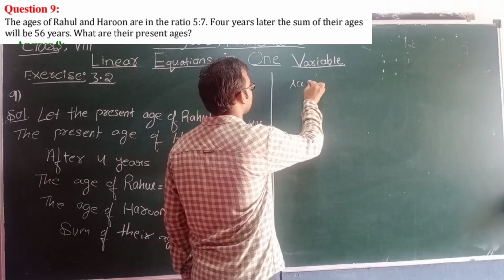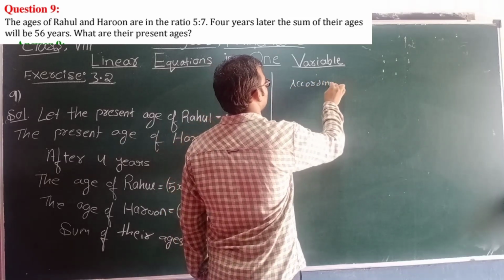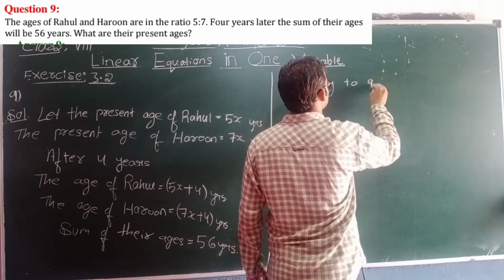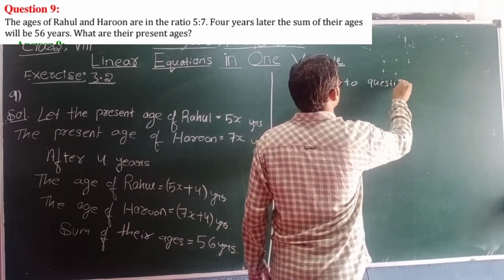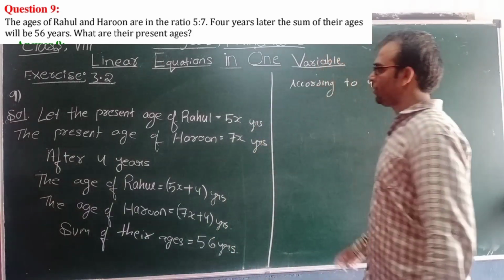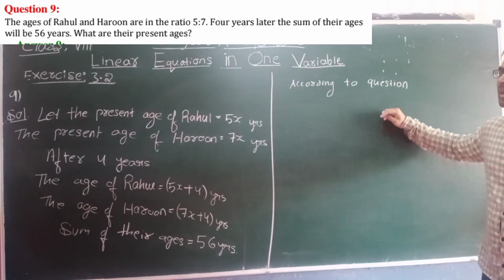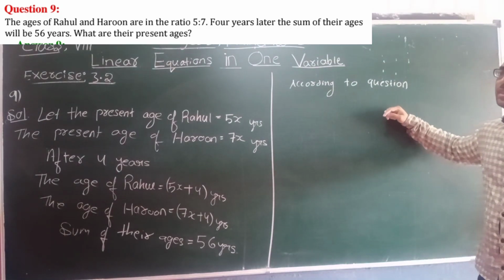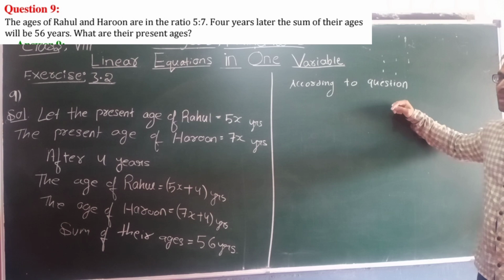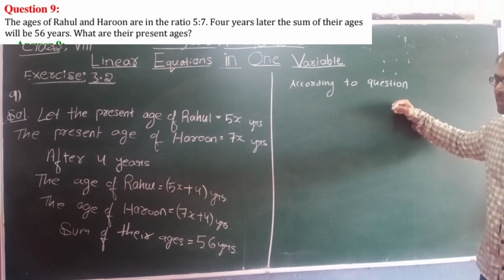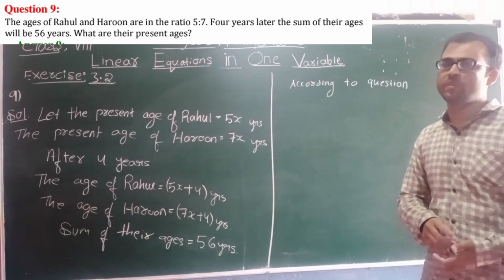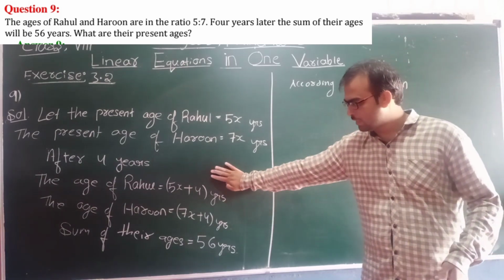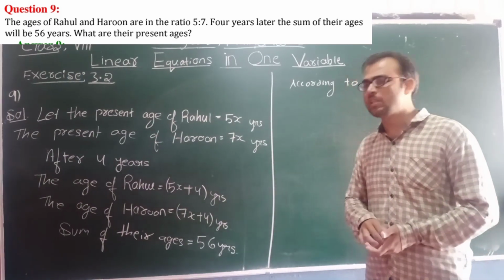According to question, after 4 years, the sum of age of Rahul and Harun is 56. So after 4 years, their ages are 5x plus 4, 7x plus 4.